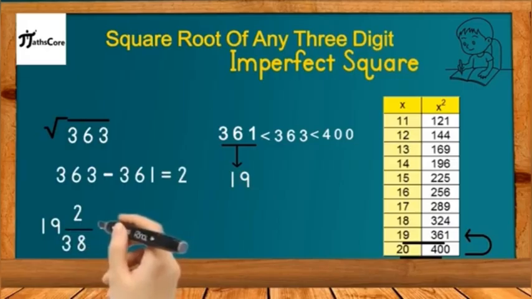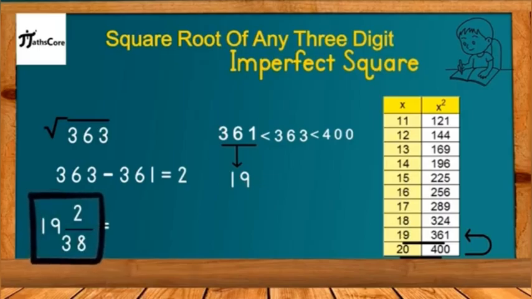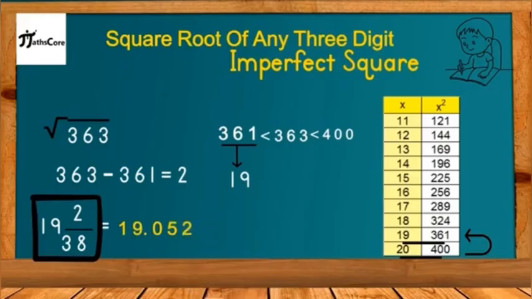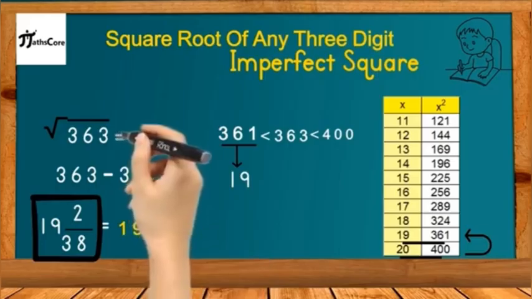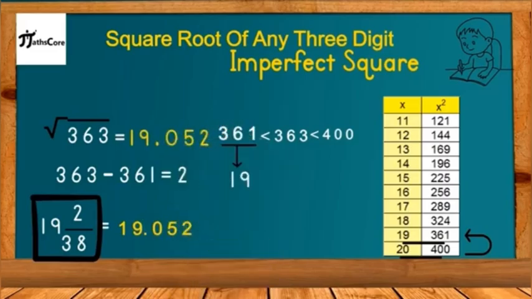So it becomes a mixed fraction form. We can read it as 19 and 2 upon 38. And if we simplify this and solve, then we will get this in the decimal fraction form, which is 19.052, and this is the square root of the imperfect square 363, and this is your final answer.